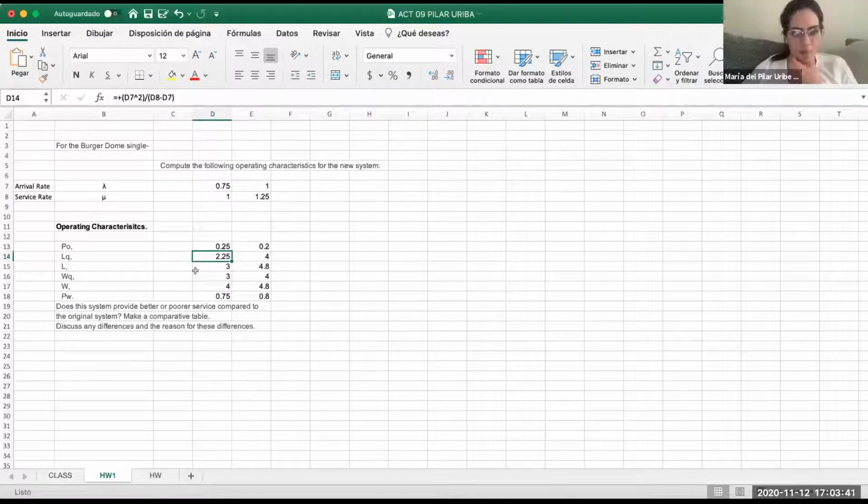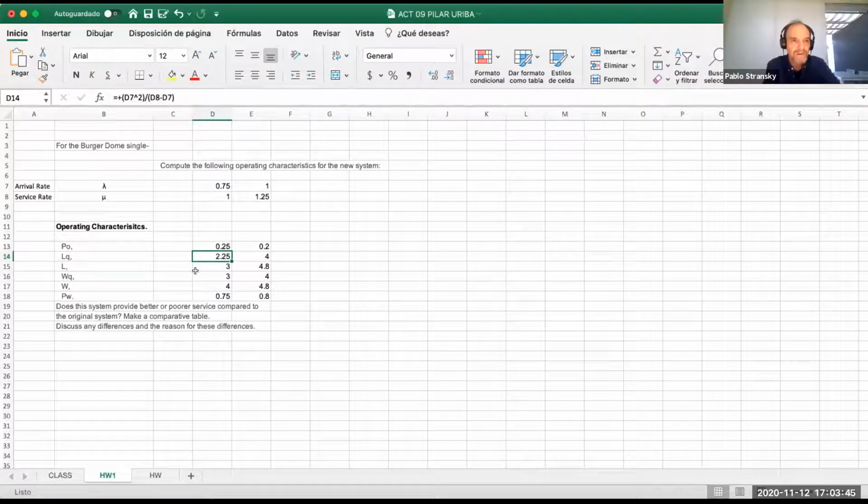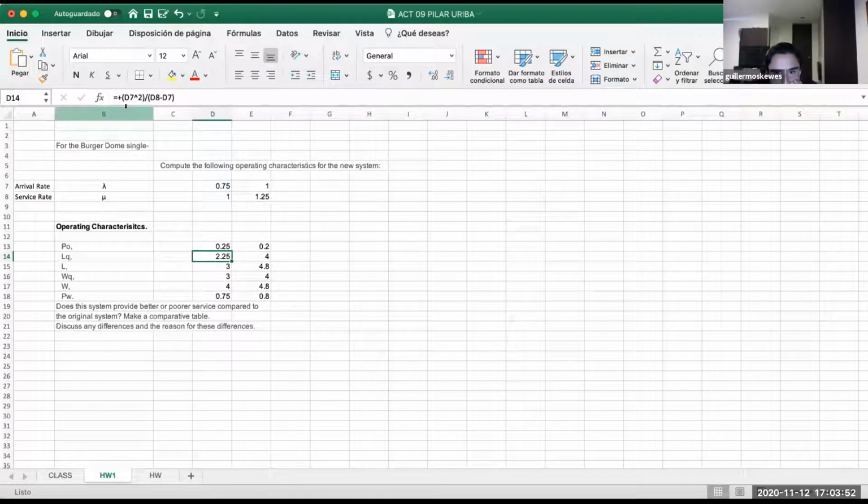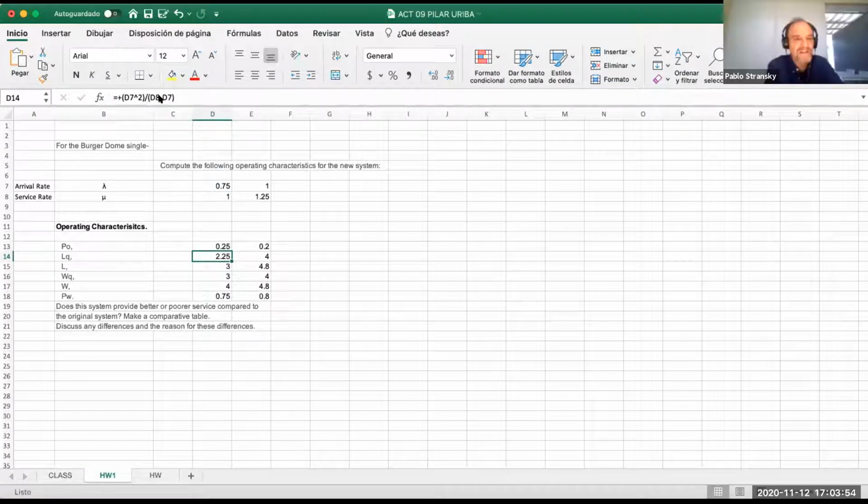Maria del Pilar, don't move, stay there, because we think you got a wrong formula. Can you please put it back? Okay, so D7, that's correct, squared, divided by parentheses B8 times the difference between. You're missing one mu in the second part.